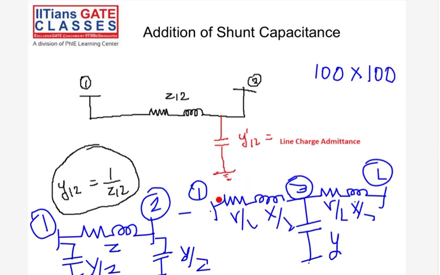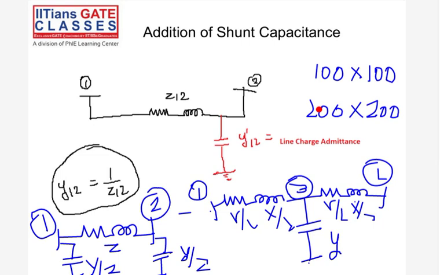Now, but if we are going for a T representation, each transmission line will contribute to a new node. So suddenly, based on the number of transmission lines, the size of the matrix increases.